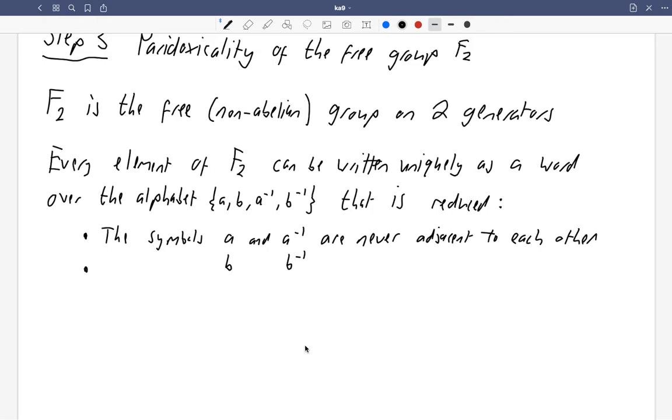So we can then see that this is indeed a group. These reduced words we can view as the elements of the group. The identity element is just the empty word. So we allow the empty sequence of symbols from the alphabet.